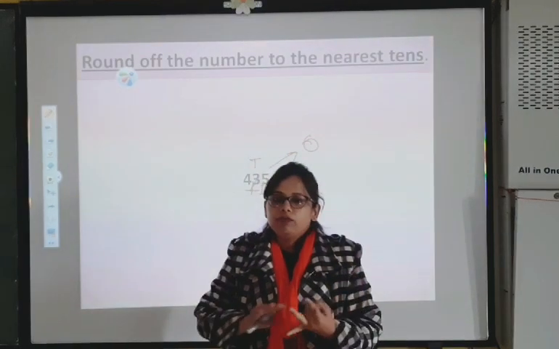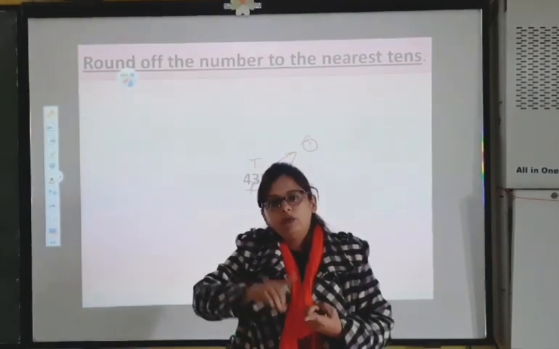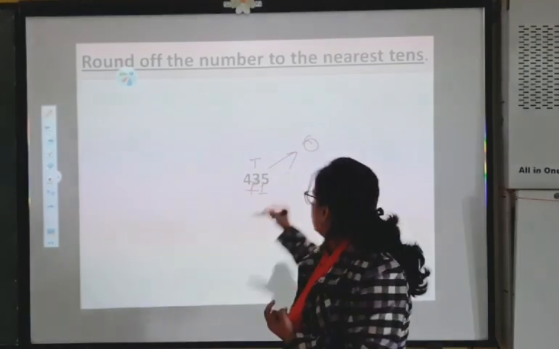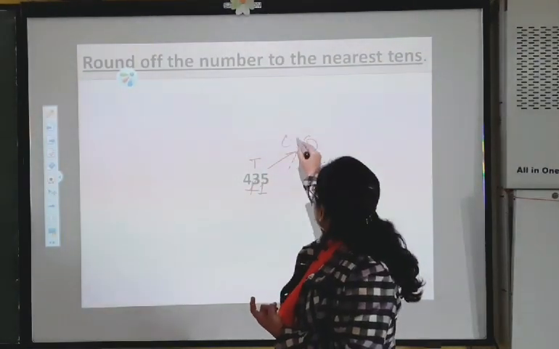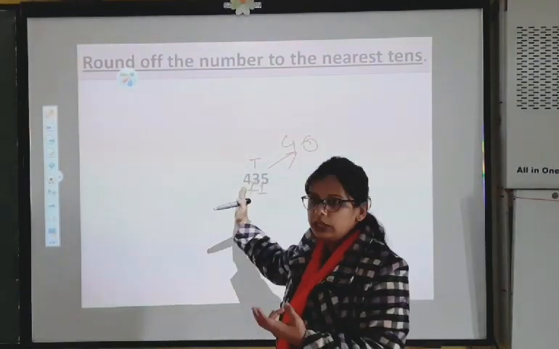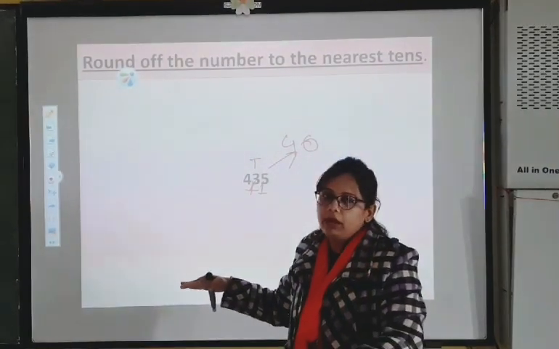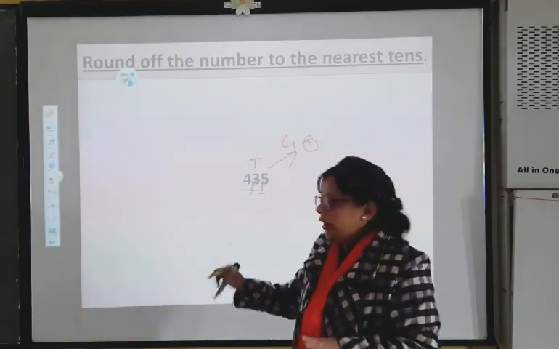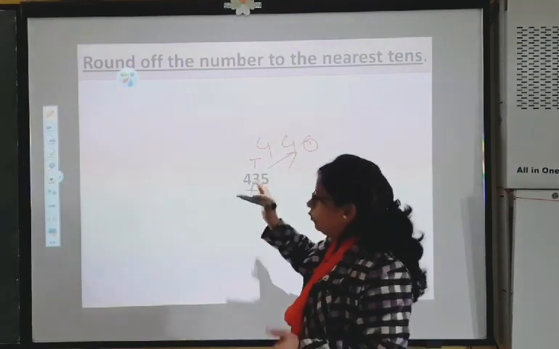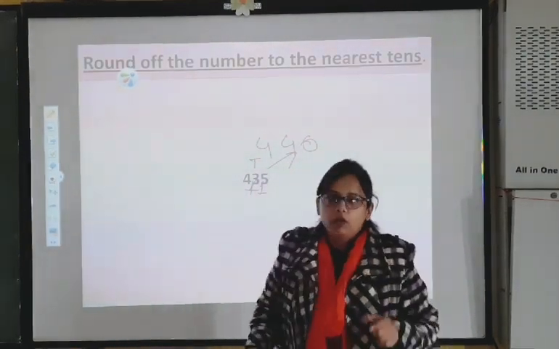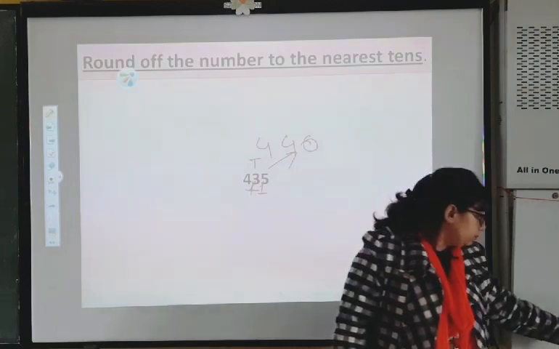Okay, because if you are rounding up the number, you have to add 1 on the tens place. So add 1, 3 + 1 is 4, and the digit which is left side of tens place will remain same. Okay, there will be no effect, so 4 will become 4 only. So the answer will be 440.